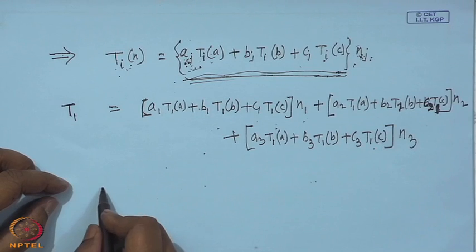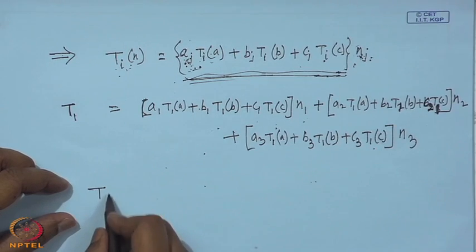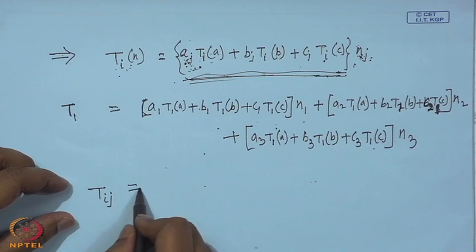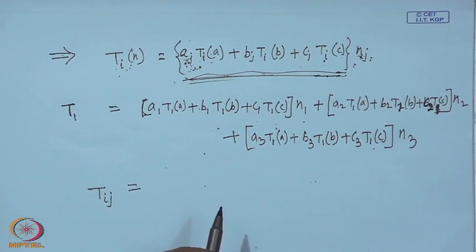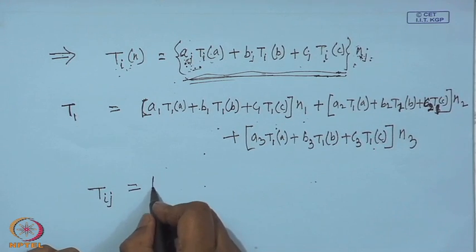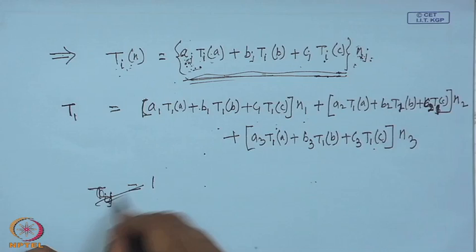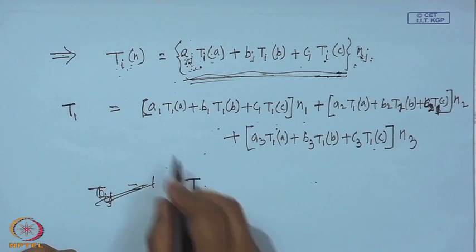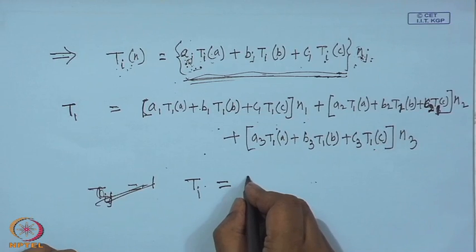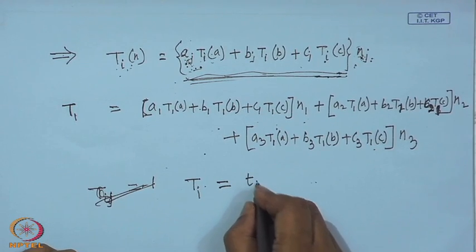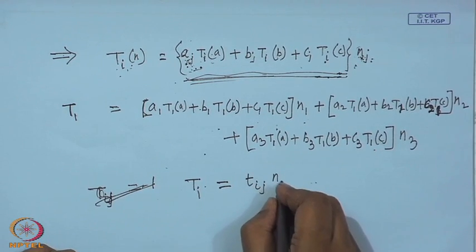and of course, denoted by 2 subscripts, and now we will write that simply using the same notation. Say T i equal to, this we will write as a small t, t i j n j.